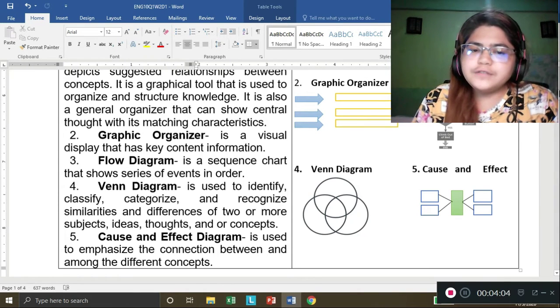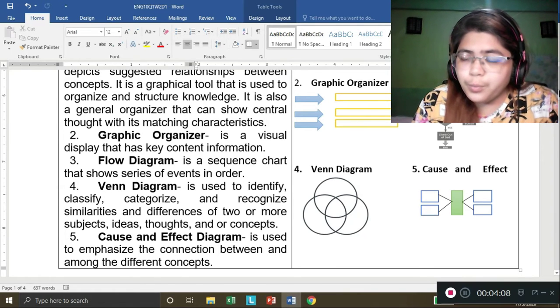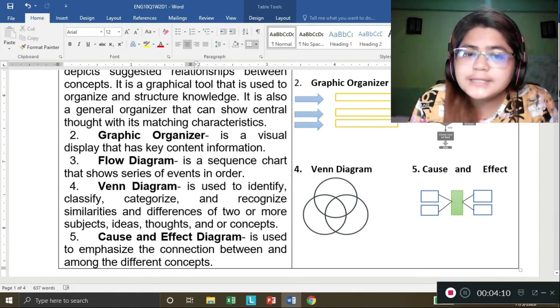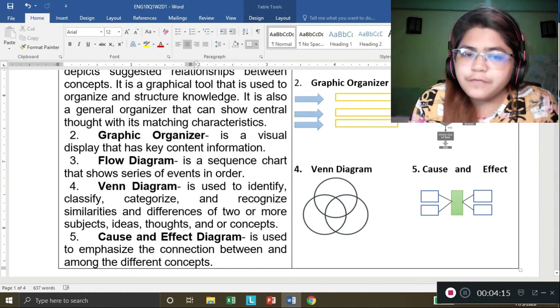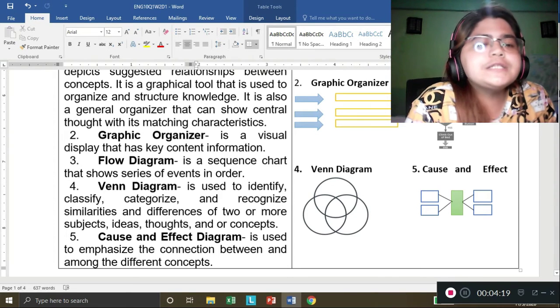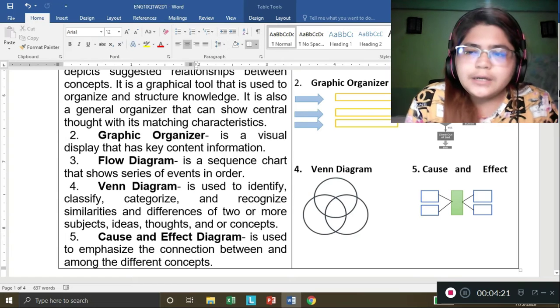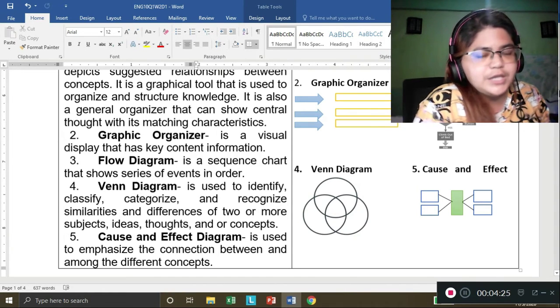Then next, we have the cause and effect diagram. I know one of the capsulets for this week is specifically for the cause and effect diagram. This takes a look at the connection between these concepts.